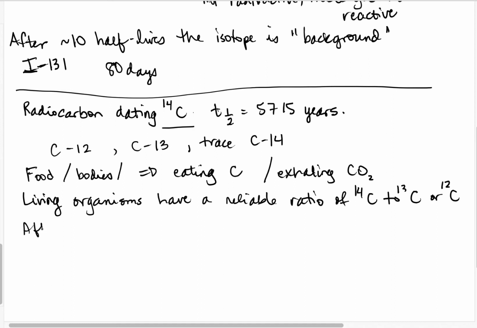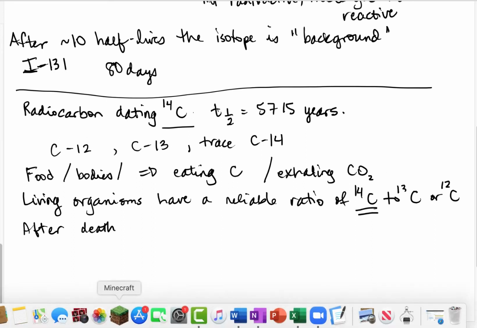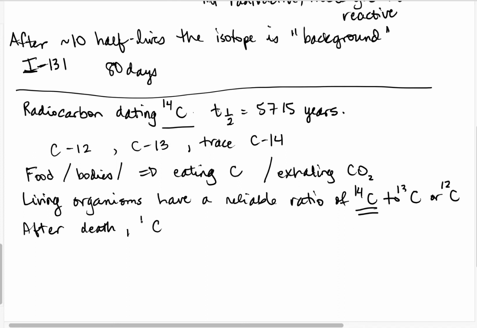So after death, any organism is going to start decreasing in its carbon-14 concentration. This obviously isn't going to help the guys on CSI figure out what happened last week, but when we're talking about things that happened hundreds or thousands or 10,000s of years ago, we can use carbon-14 to carbon-13 or carbon-12 ratios to figure out about how long it's been.